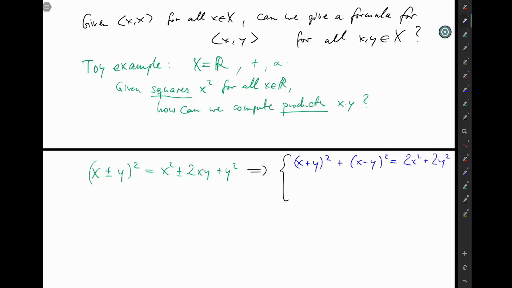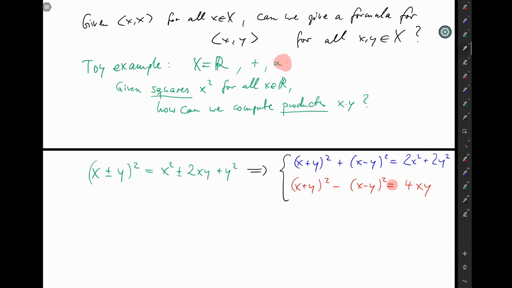So you get 2x squared plus 2y squared. Whereas if you subtract them from each other, then the squares will cancel and the mixed terms will add up, giving you 4 times xy. Okay, and the red formula provides us with the answer. So if you only have squares and plus and minus, how can you compute x times y? Well, you use this, and in the end you have to divide by 4. But that's what I mean by we still have this alpha times.